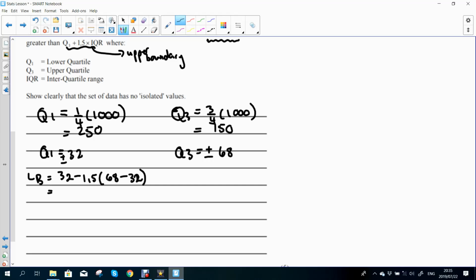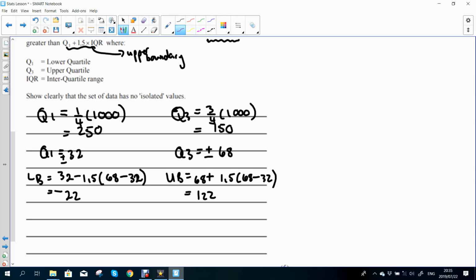And if you work that out, you get a lower boundary of minus 22. Then for your upper boundary, you want there 68 plus, so that's quartile 3, plus 1,5 times the interquartile range again, which then gives you an answer of 122.